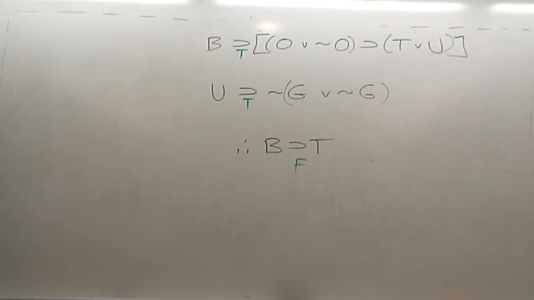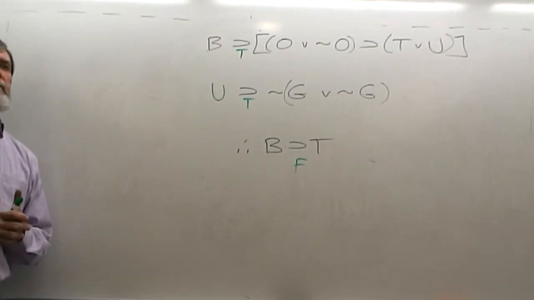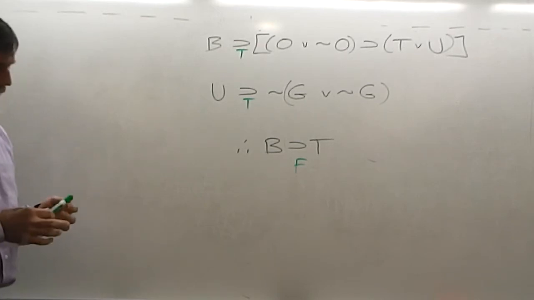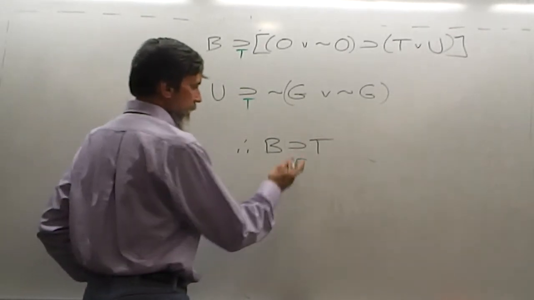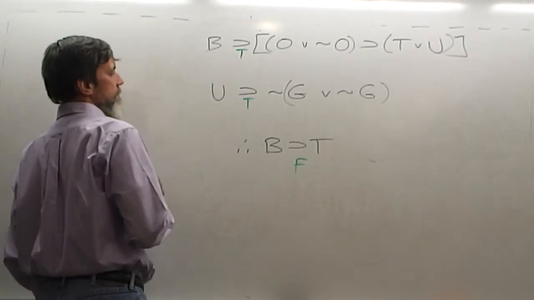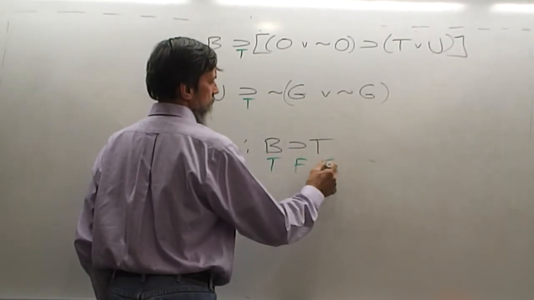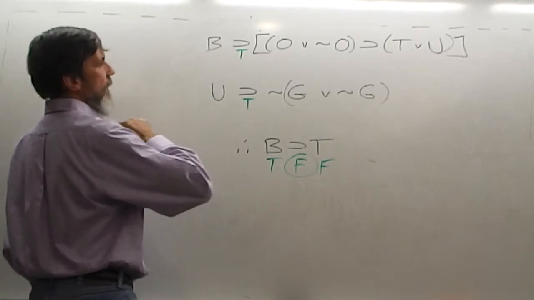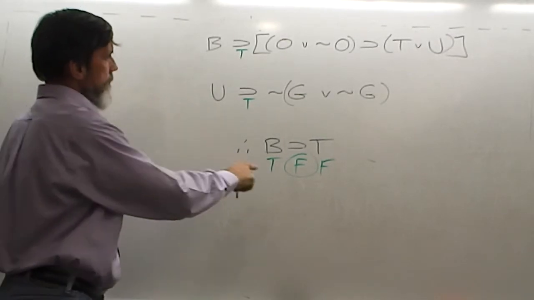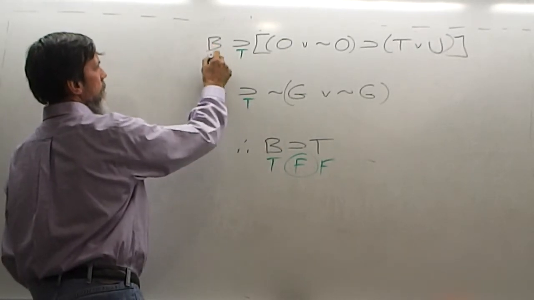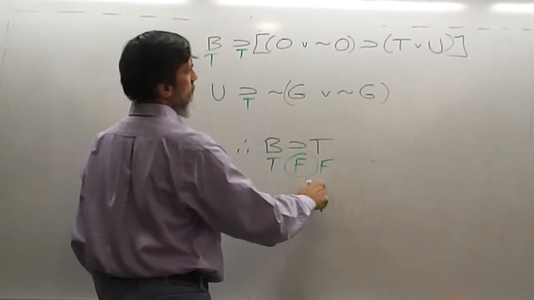Where do you want to start? Only one place to start. Conclusion. Yep, the conclusion. What do we know? Antecedent is true, consequent false. Now what? Okay, the truth values and the false values to the corresponding letters.